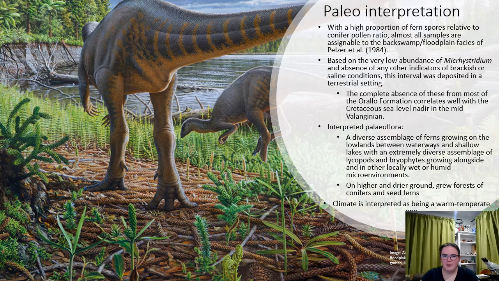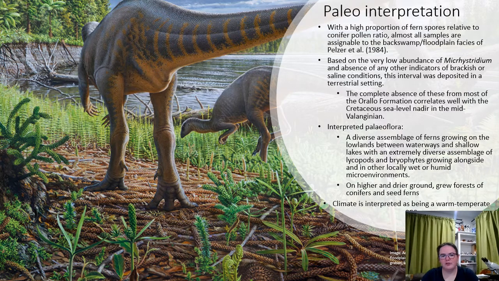In addition, based on the very low abundances of Microhystridium and the absence of any other indicators of brackish or saline conditions, this interval appears to have been deposited in a strictly terrestrial setting. And this may correspond with the Cretaceous sea level nadir in the mid-Valanginian.